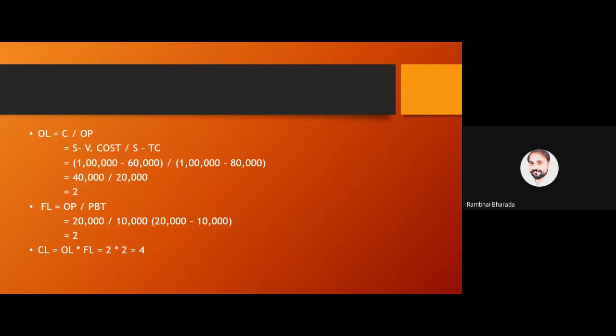The last part of this unit is weighted average cost of capital. Write down the next title: weighted average cost of capital.